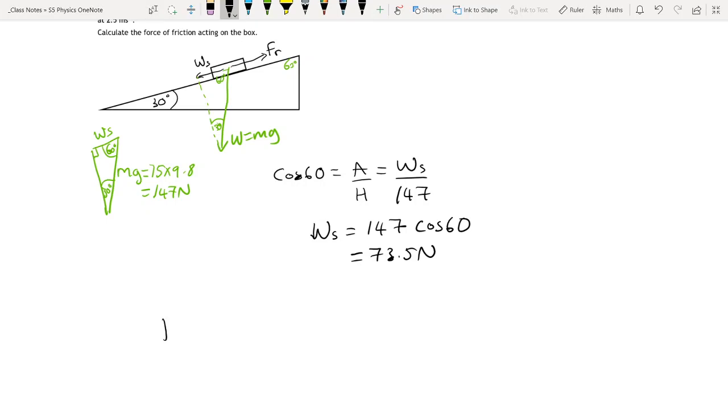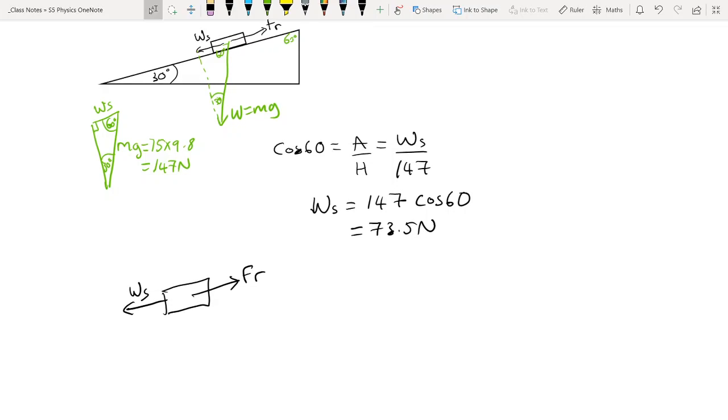Then you look at the whole picture again. We've got friction, we've got WS. To find the force of friction, we use unbalanced forces, mass times acceleration.